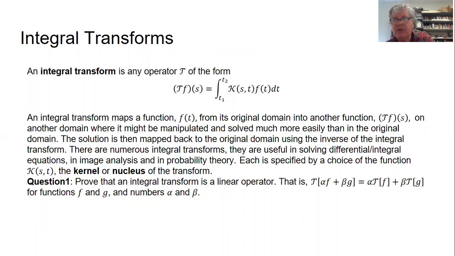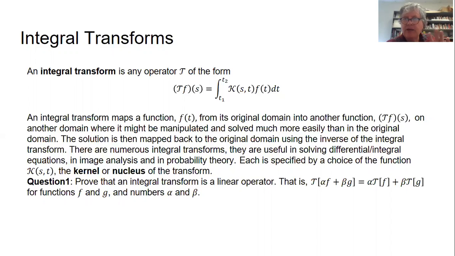So for example, that might be a time domain. For example, we're doing a mass spring system, and it moves it to another function that's working on an entirely different domain.